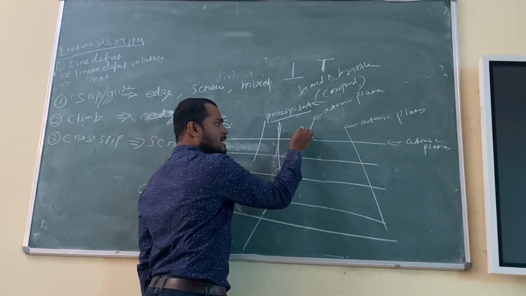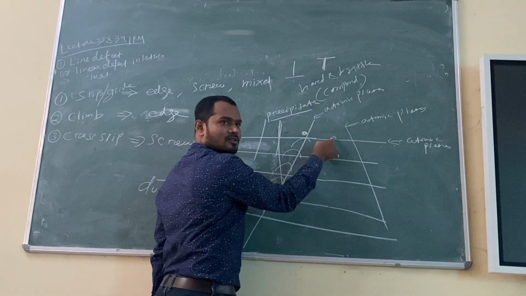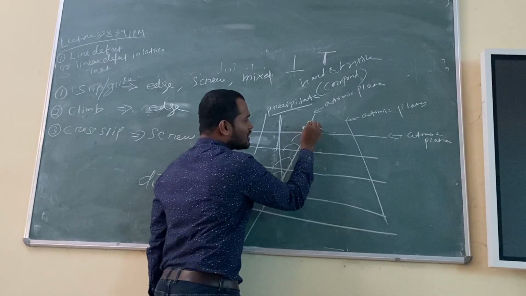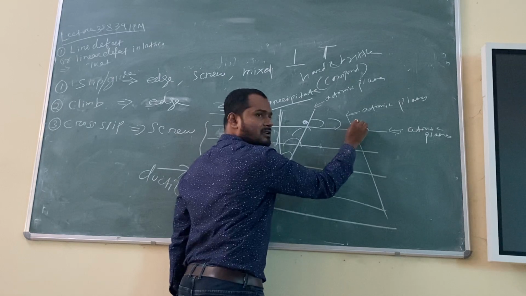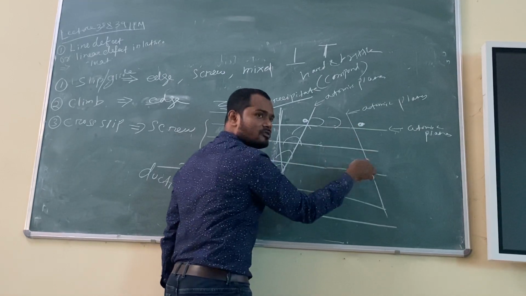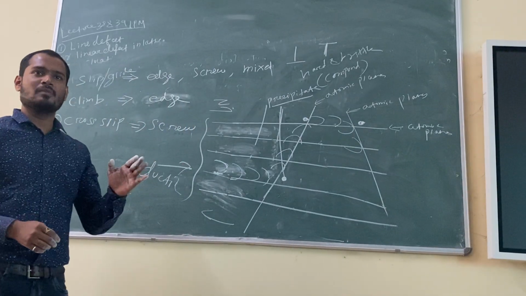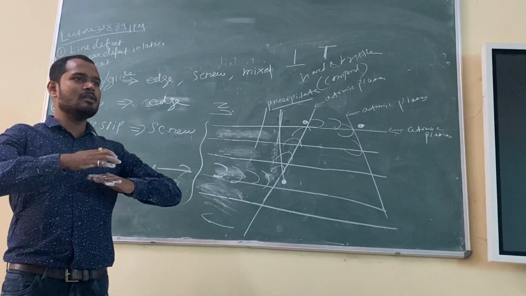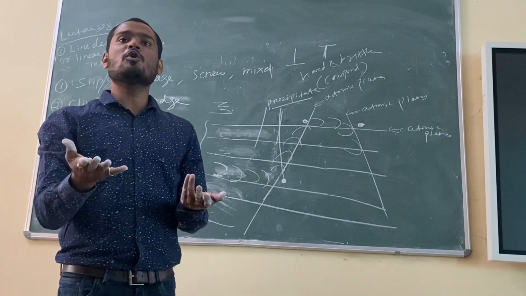But if it faces any precipitate over here again, it will stop. It can move to a new plane. It can come to this. Again it will glide. Suppose it meets a precipitate again here. What can be done? It will go to this, right? So that is cross slip. That means it is leaving the same plane but going to a different plane completely, where there are no obstacles.